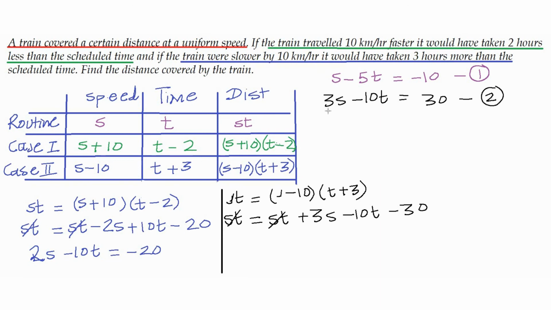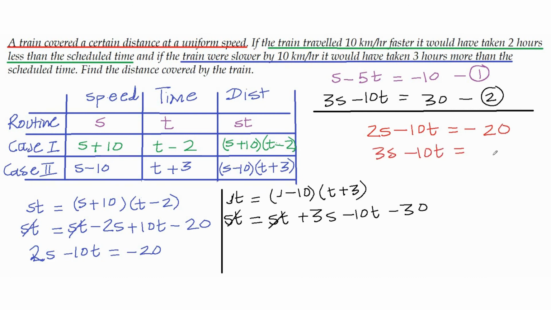So now I can definitely solve these two equations for s and t, right? Suppose I want to eliminate t, then I can multiply the first equation by 2. So I get 2s minus 10t is equal to minus 20, and 3s minus 10t is equal to 30.